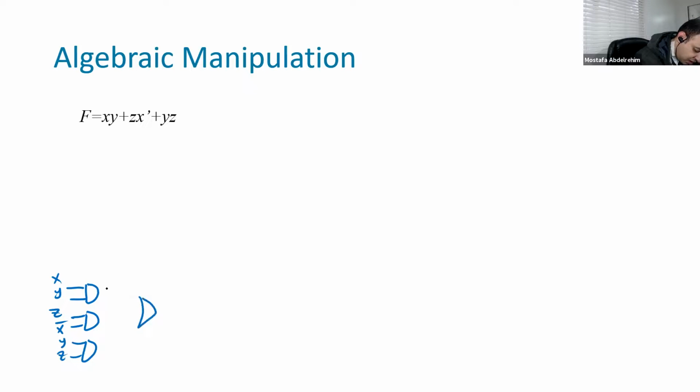There's only one OR gate that has 3 inputs. This is the original implementation. But let's try to minimize this function and see if we can get a better implementation for f, an equivalent form that will give the same truth table, the same values for f for the same combinations of x, y, z, but with a much simpler circuit or fewer gates.